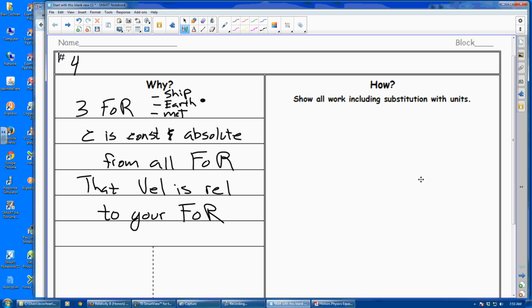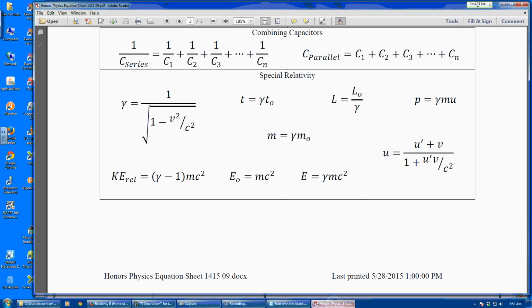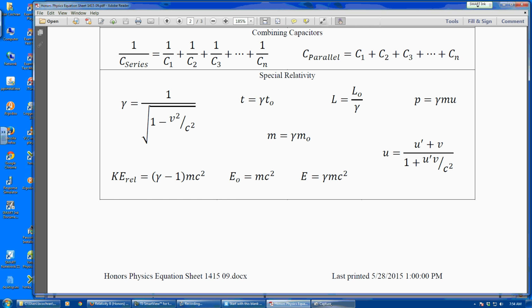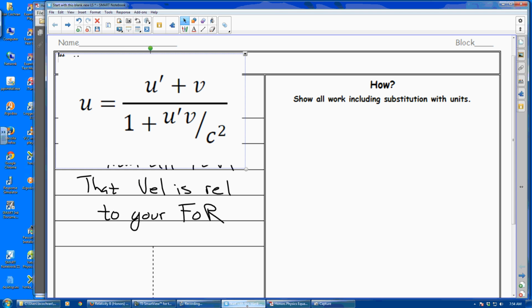So equation-wise, I need my relativistic velocity equation. And then I can make that smaller, put that here.